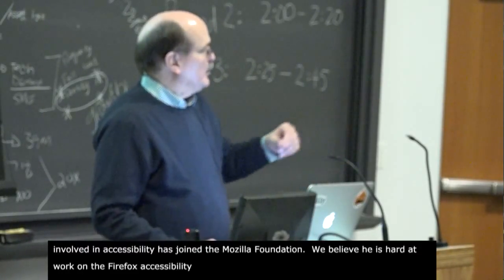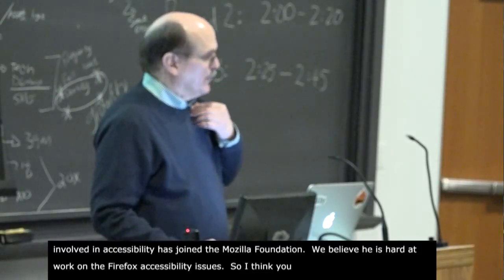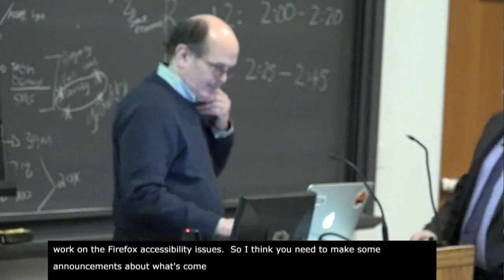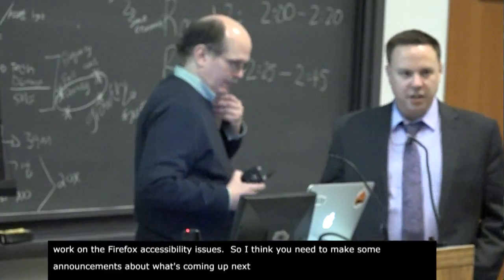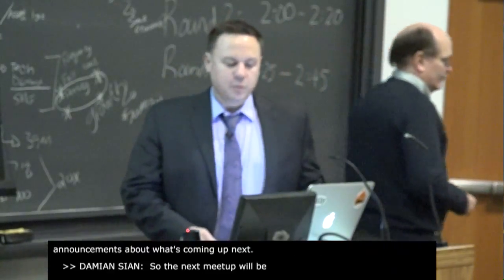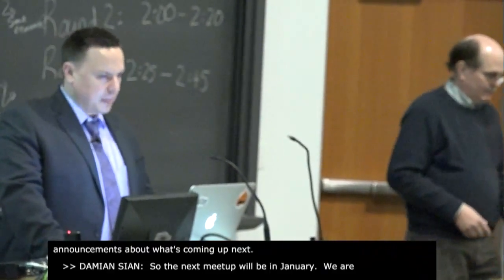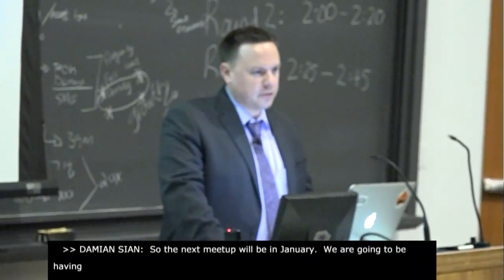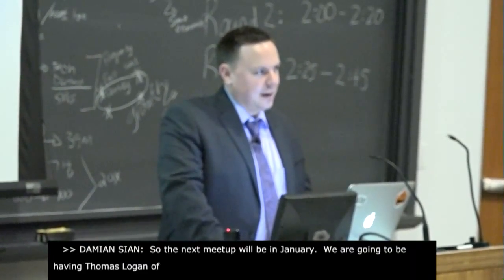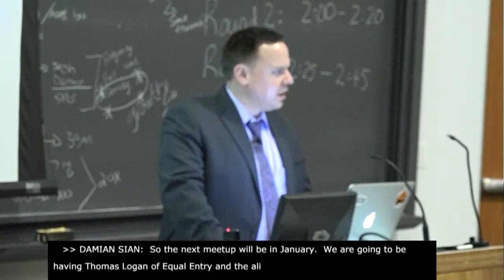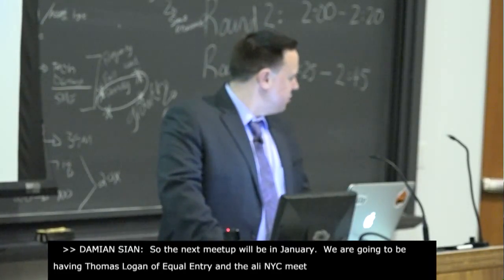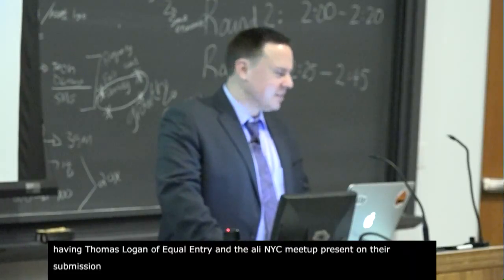I think you can make some announcements about what's coming up next. Oh, so the next meetup will be in January. We are going to be having Thomas Logan of Equal Entry and the A11y NYC meetup present on their submission to a contest on accessibility.